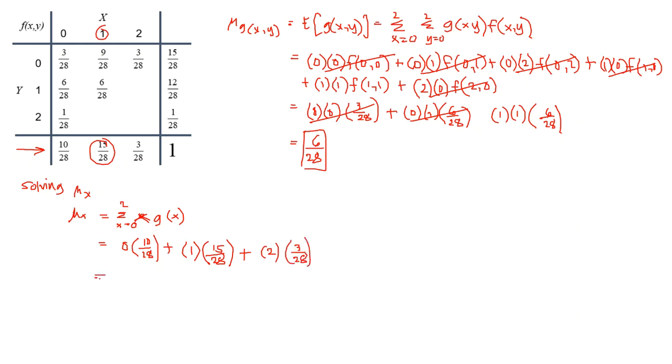That gives us 0, plus 15 plus 6, that is 21 over 28. So this is now the mean for the x. Now let's also try to solve the mean under y.